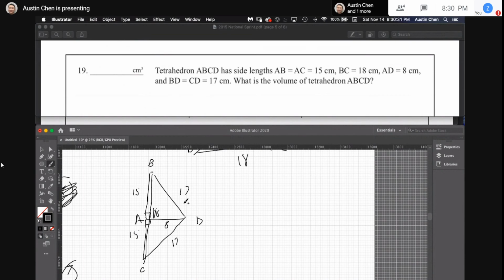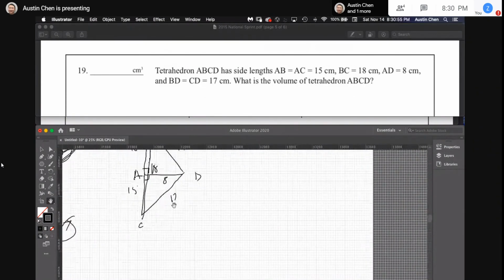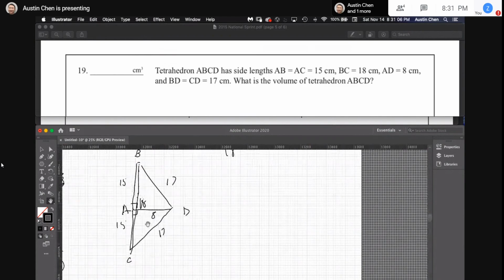All right. Let me try to reorient this so that BAC is on the ground.